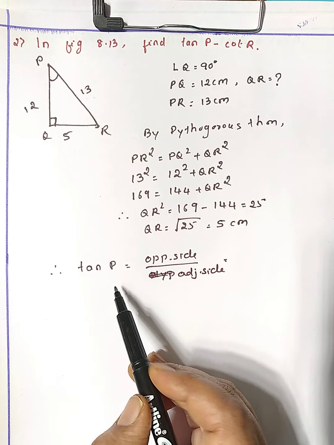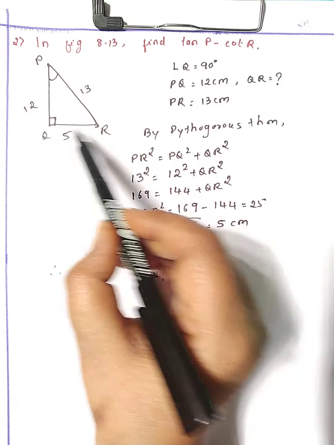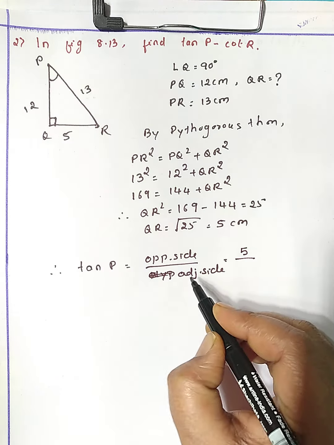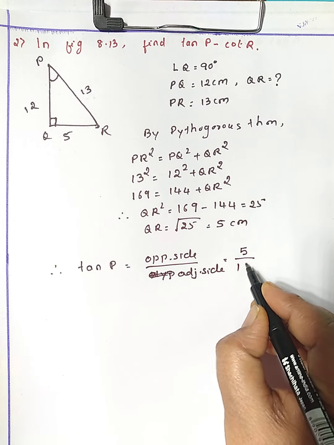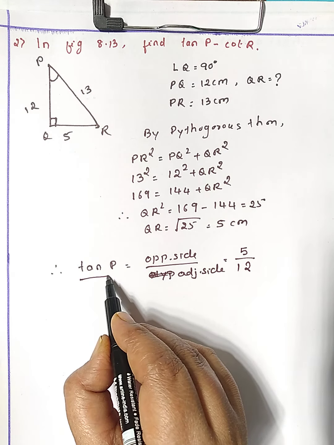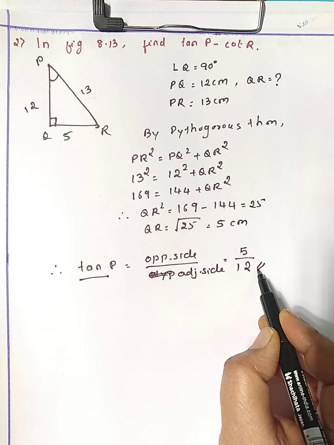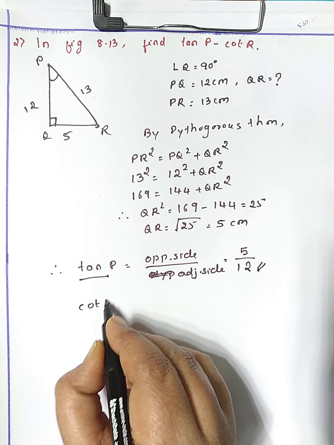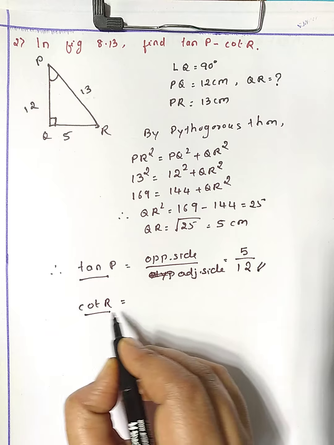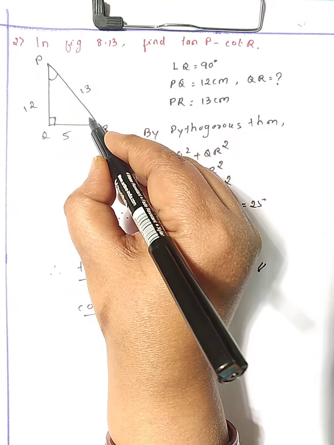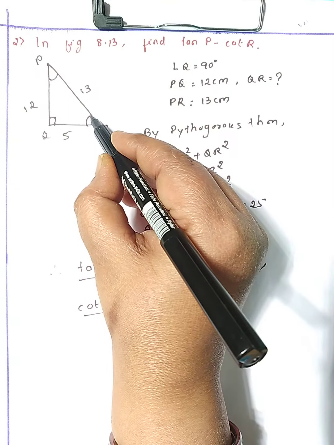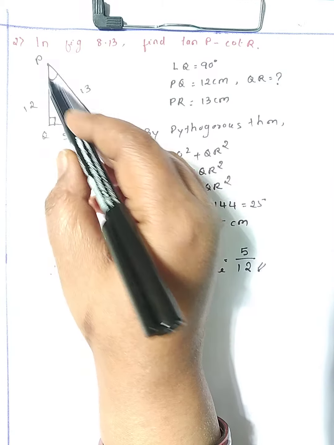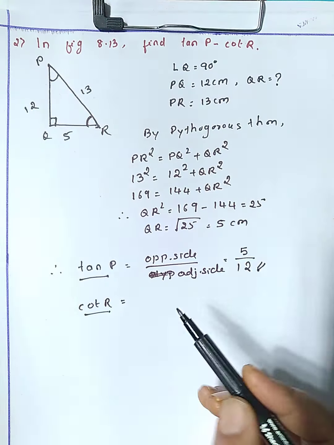For tan P, opposite side is QR, that is 5, and adjacent side is 12. So tan P is 5 by 12. Similarly, we will find out cot R. For angle R, QR becomes adjacent and PQ becomes opposite side.